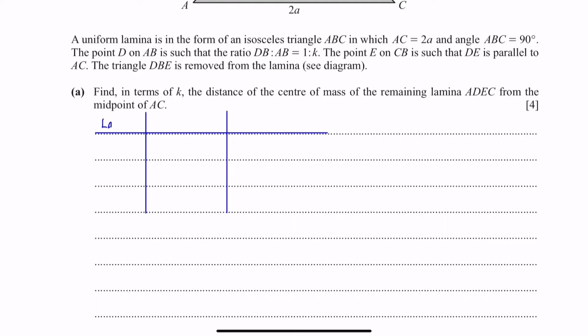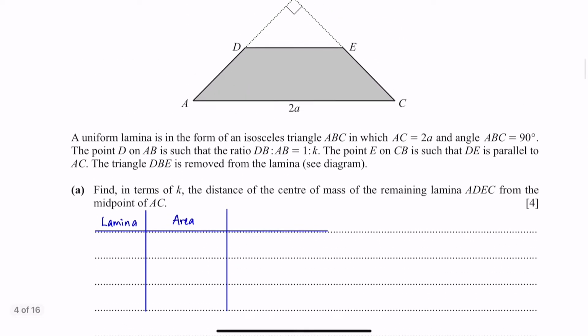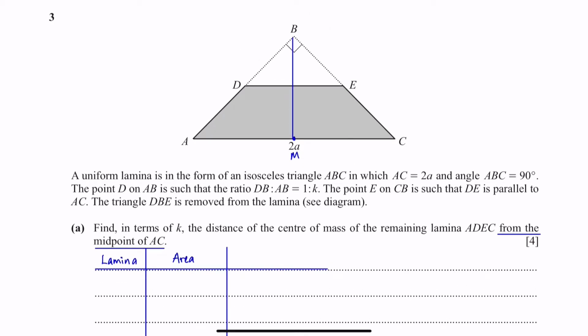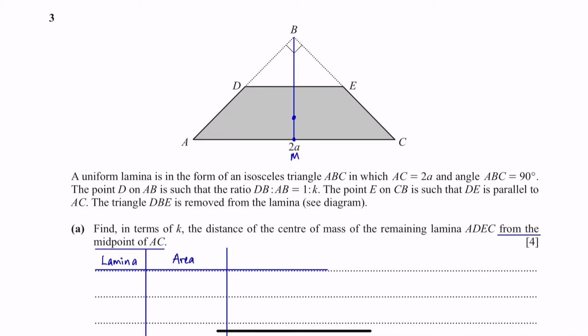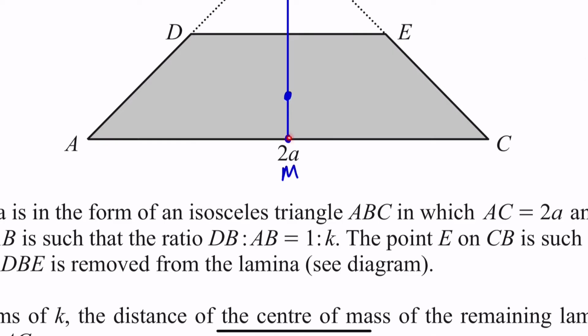So we have lamina, we have area, and they want the distance from midpoint of AC. So midpoint of AC would be here. Let's call this point M. So we would want to find the distance of center of mass from this point.